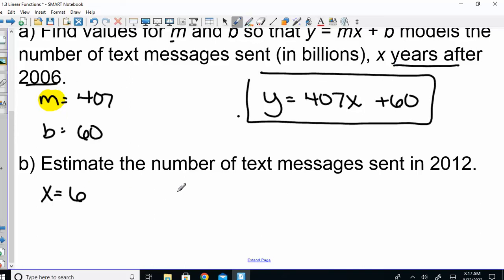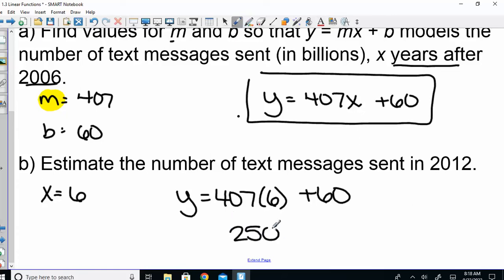So 6 years have passed. So we plug that in. And we get, good. Make sure you have that billion there because y was measured in billions.